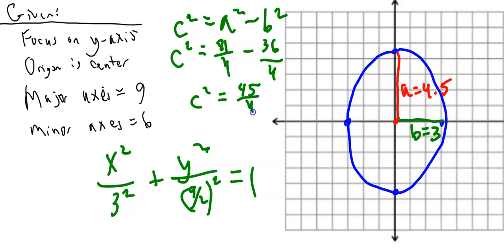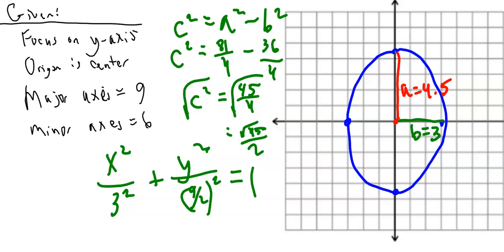I did that right. And so c would equal the square root of 45 fourths, or square root of 45 divided by 2. So you get that approximation and find out exactly where that value is. Probably somewhere around 4 is my guess there, but I'm not exactly sure.